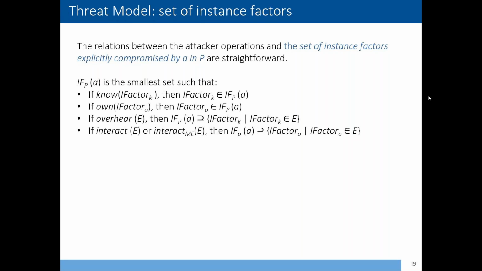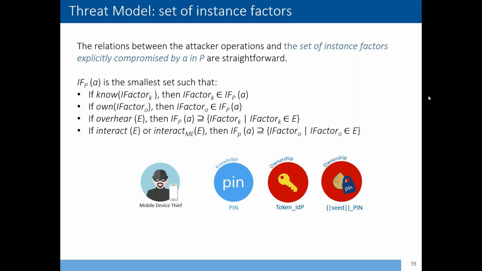So considering again the mobile thief, we have seen that the mobile thief is able to interact with the OTP application that is installed in the user smartphone, and so is able to compromise the 2 ownership factors that are stored in this application. However, it is not able to compromise the PIN.